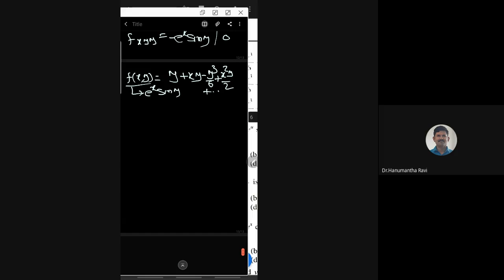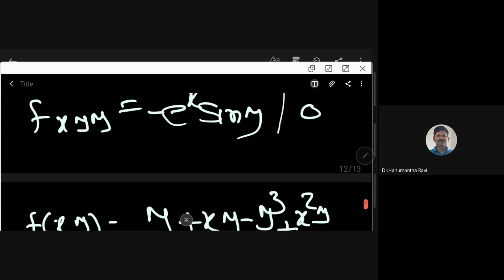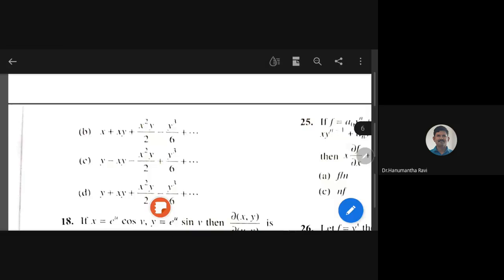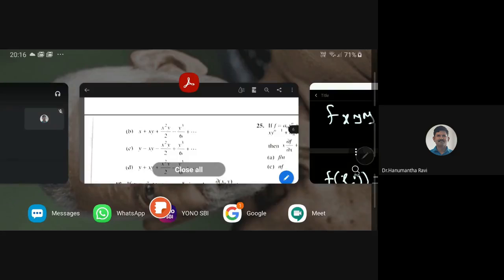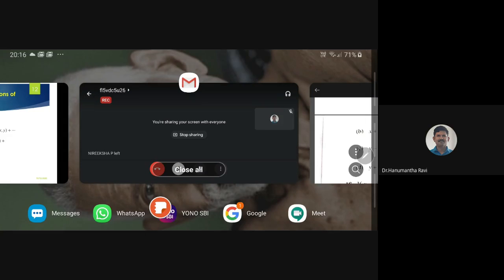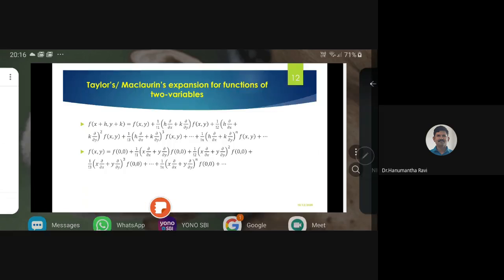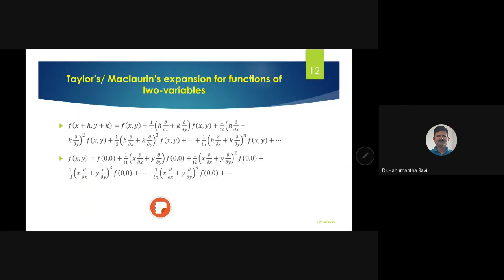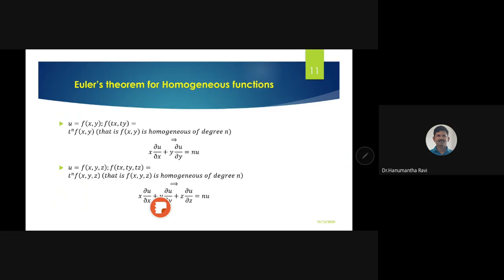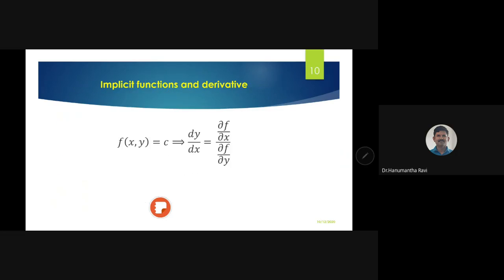Okay. Let me show, just a minute. We are here. We have done Taylor's and Maclaurin series expansion on this slide, Euler's theorem for homogeneous functions, and chain rule.